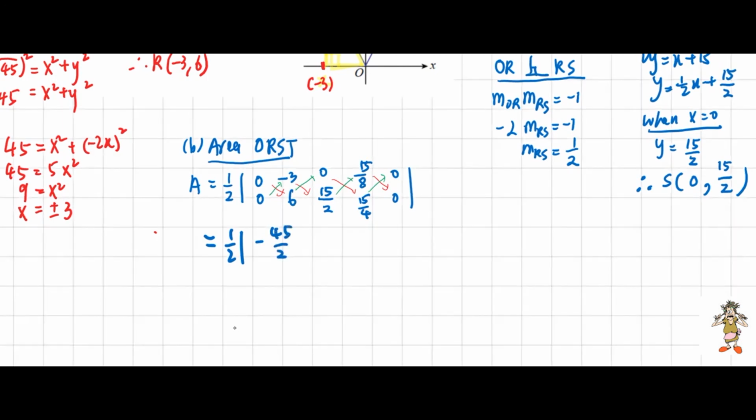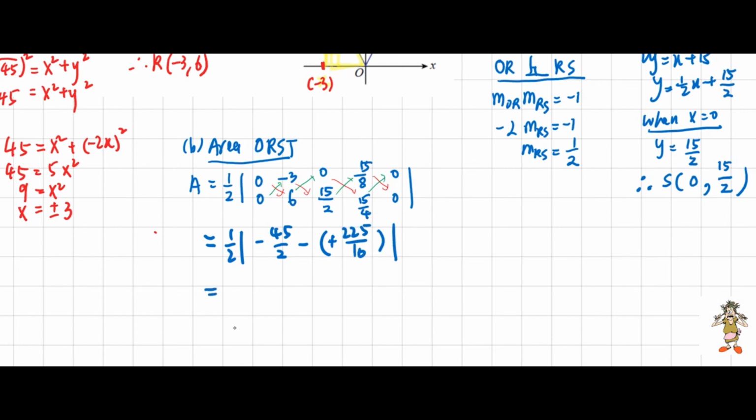Then minus, 15/2 times 15/8, which gives positive 225/16.